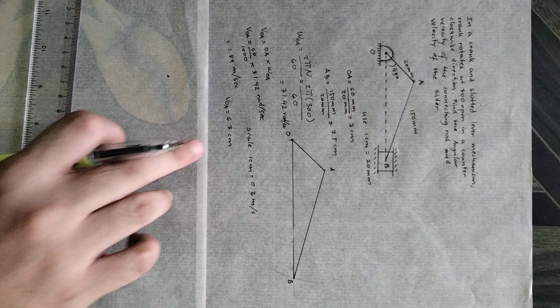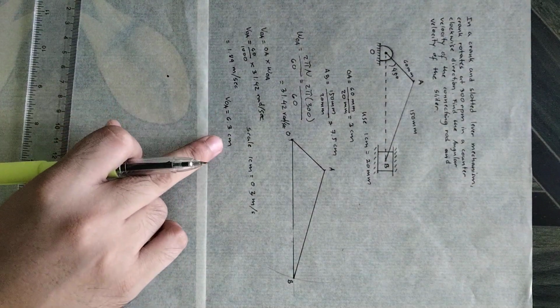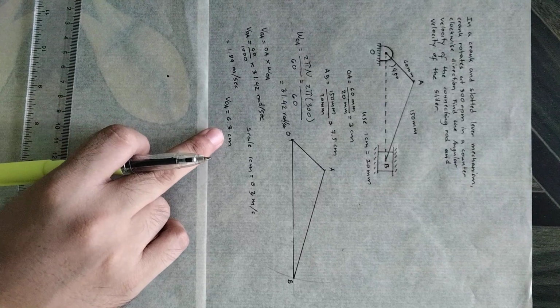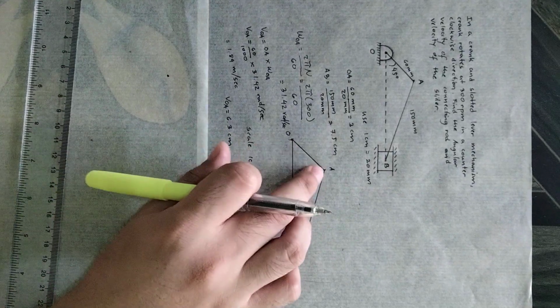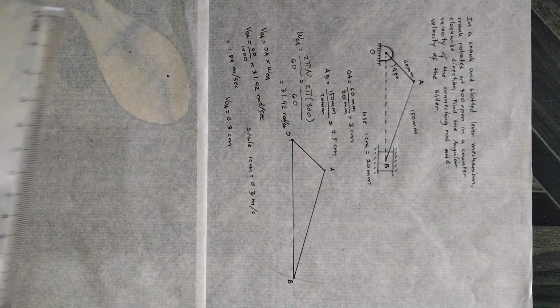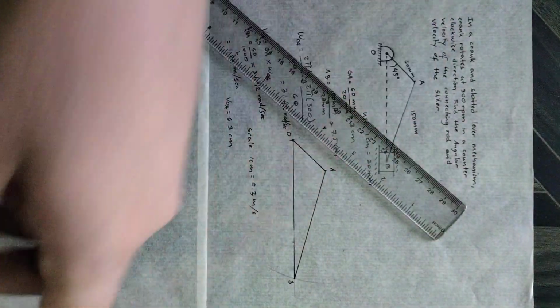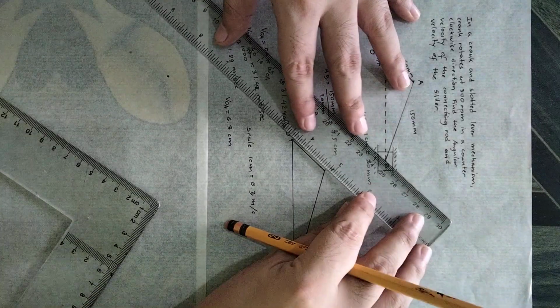Now, the velocity OA is 6.3. We know that it will act always perpendicular to its link, which is this one. So we need to create a perpendicular line for this one. Then try to use your triangle.